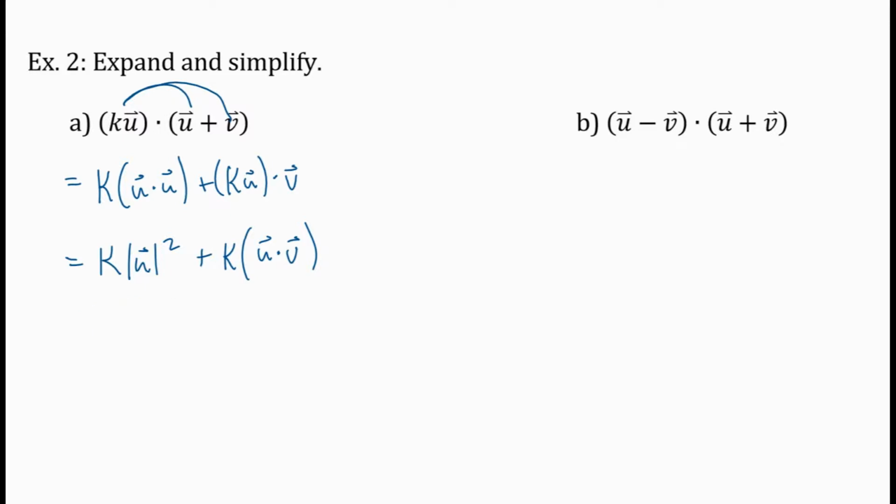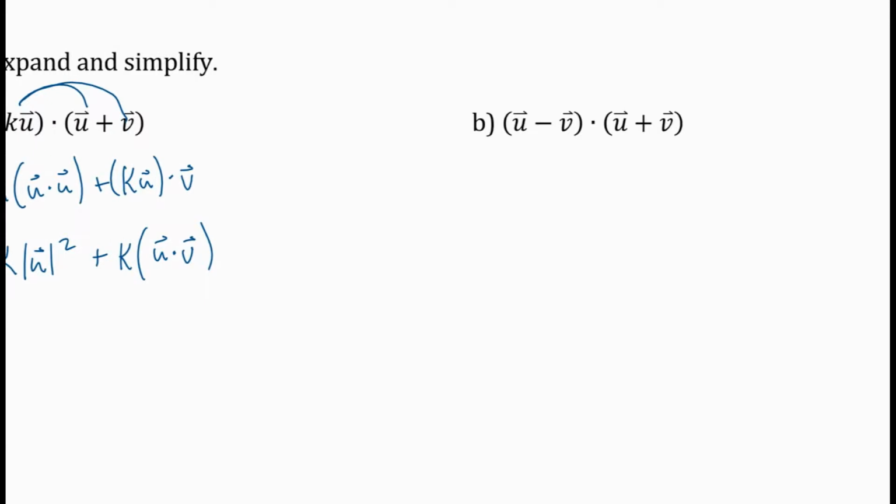Okay, what about this one? Well, again, distributive property holds. So subtracting two vectors gives me a vector. Adding two vectors gives me a vector. I can take the dot product of two vectors, and that also means that I can use binomial distribution to simplify this. It will work as well.